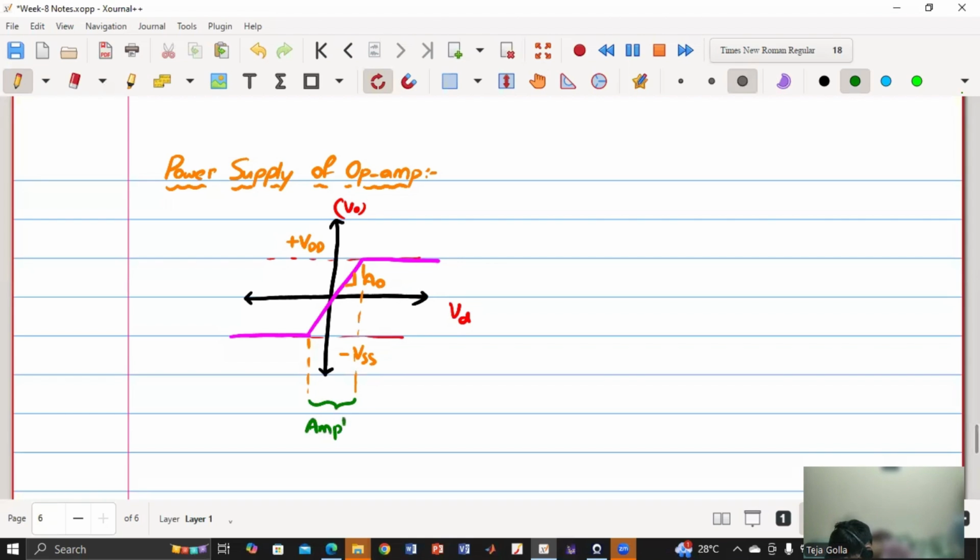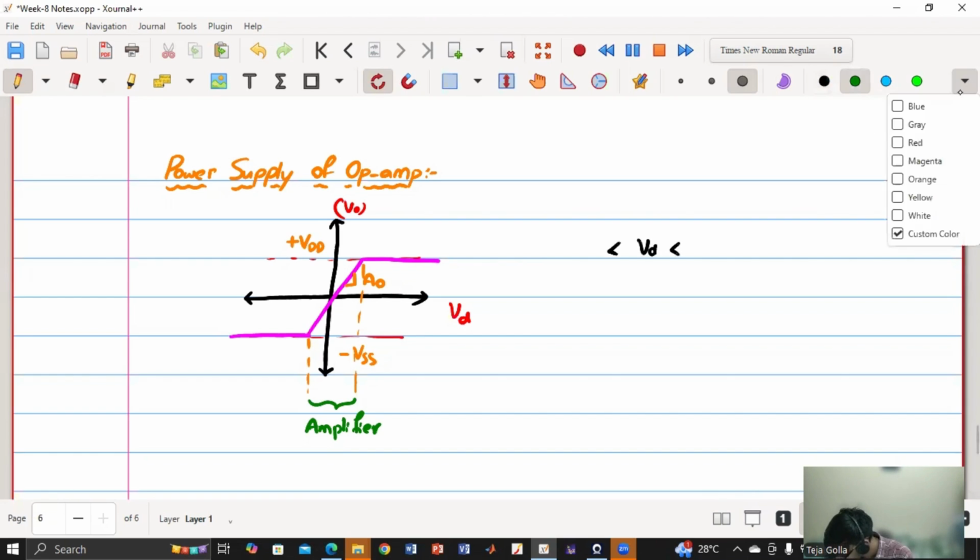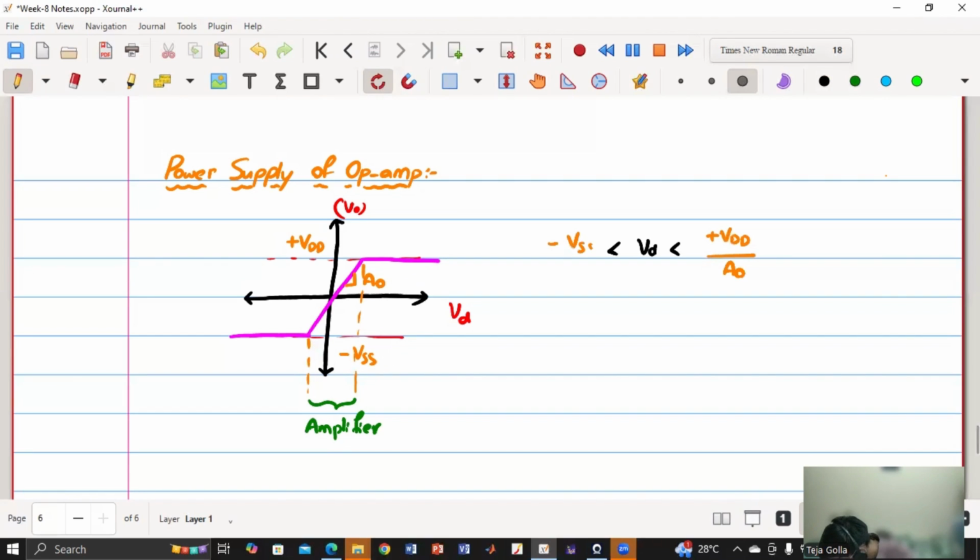So if I have to make it work like an amplifier, I have to keep my input in this region. My VD should be within plus VDD by A naught and minus VSS by A naught.